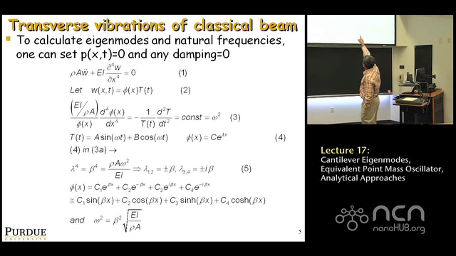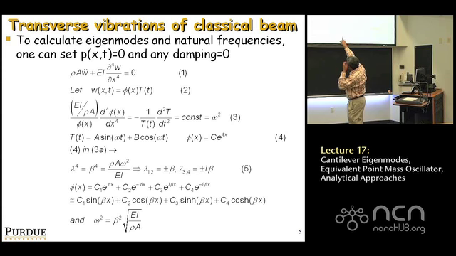Because remember, the differential equation in time is simply the second derivative of this function T with time must equal negative omega squared. So that means this function T can either be sine omega t or cosine omega t. Because two derivatives of sine omega t give you negative omega squared, right? Two derivatives of cosine give you negative omega squared also. So in general, the solution uppercase T is going to be a cosine omega t plus b sine omega t, okay? Or a sine plus b cosine. So that part is easy.